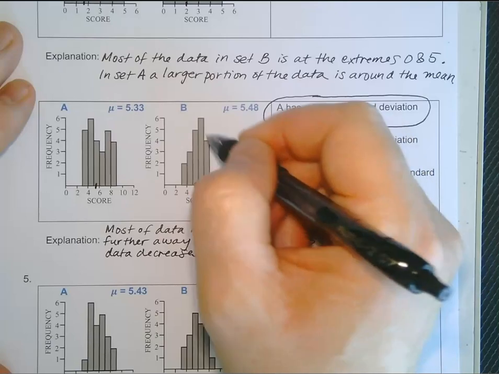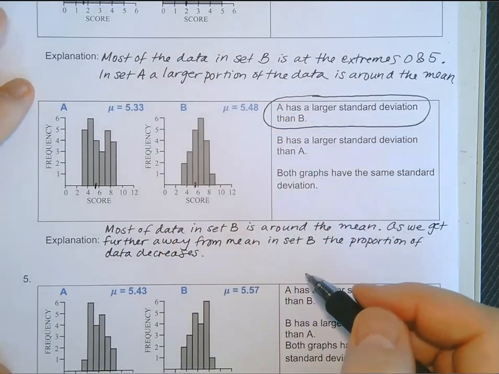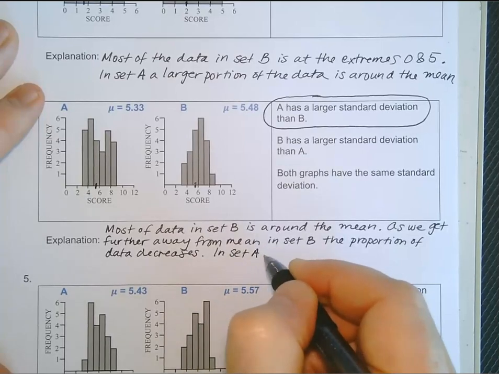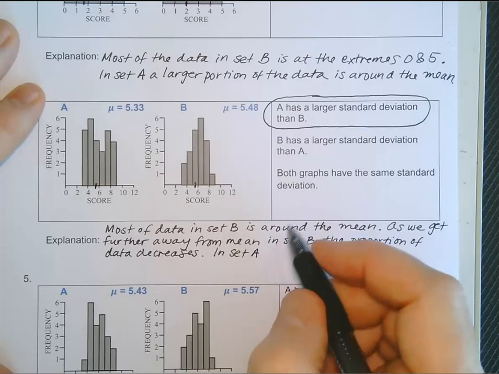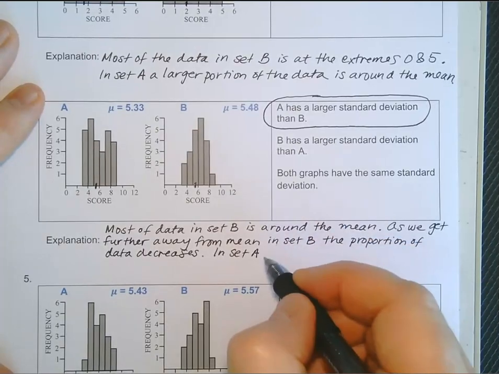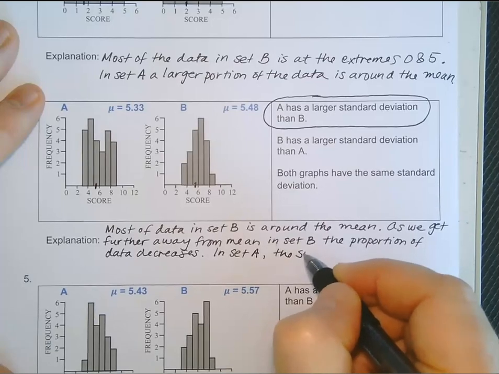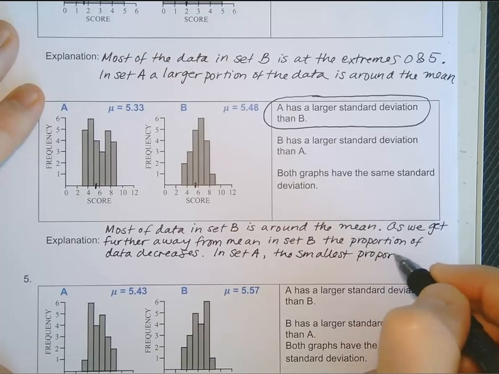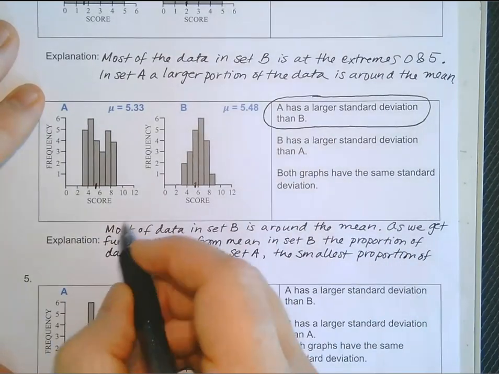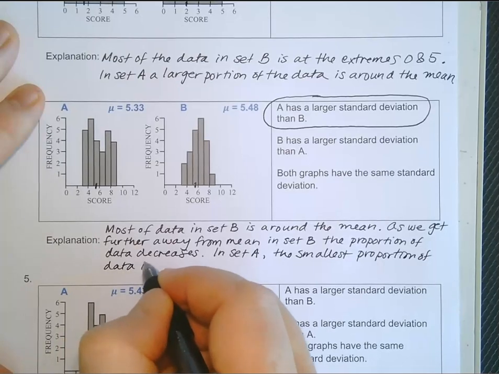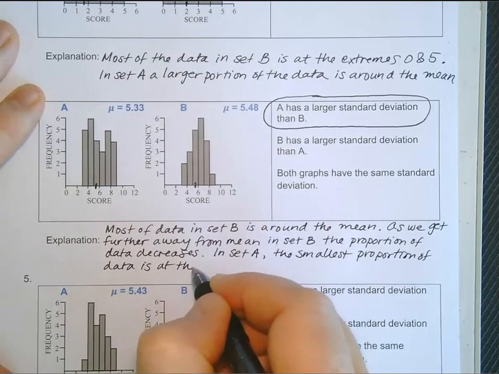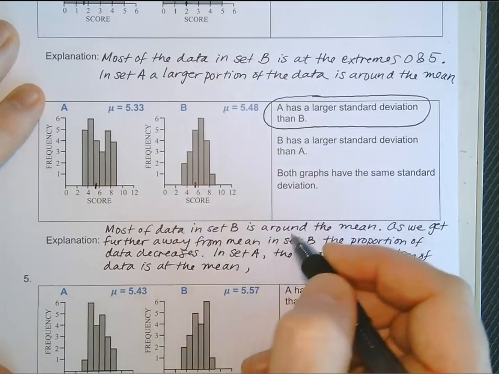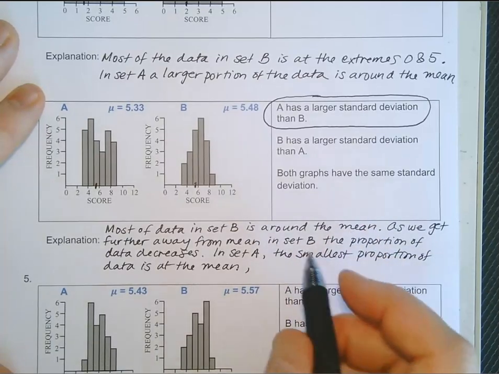Right? And you can see that it's going down here and going down there. In set A, the smallest proportion of data is at the mean, and increases as we get further from it.